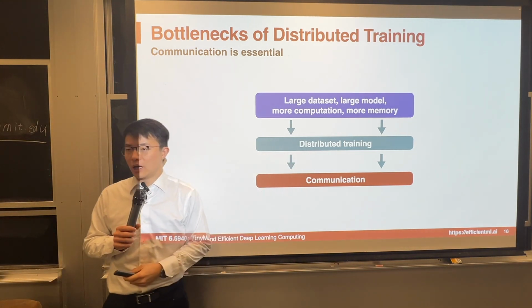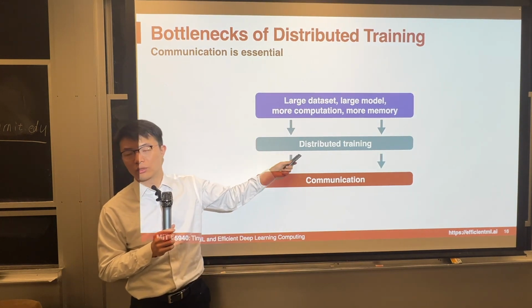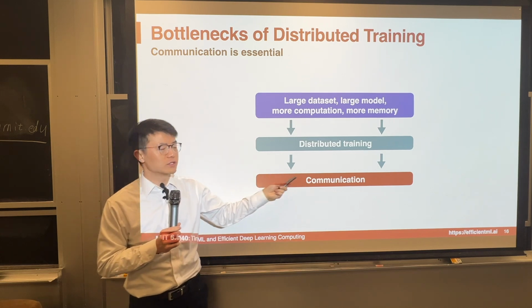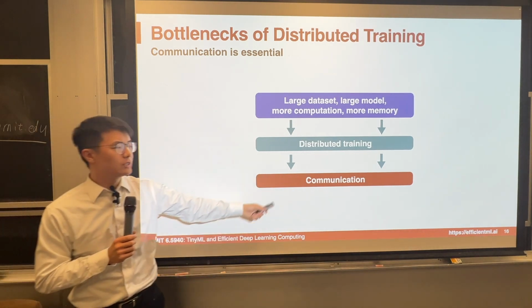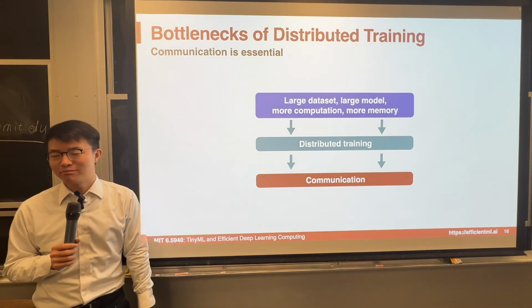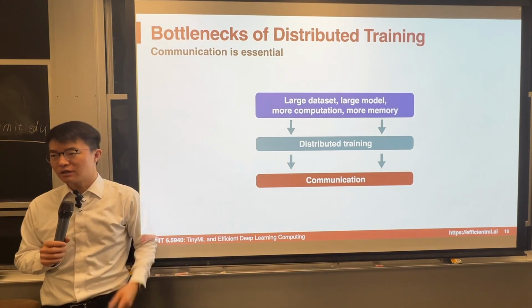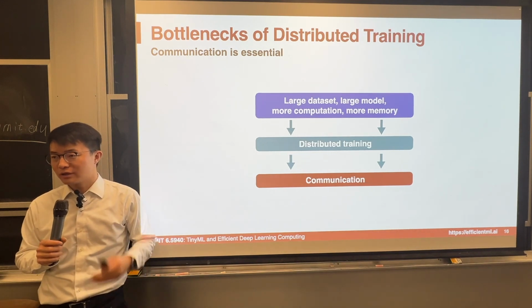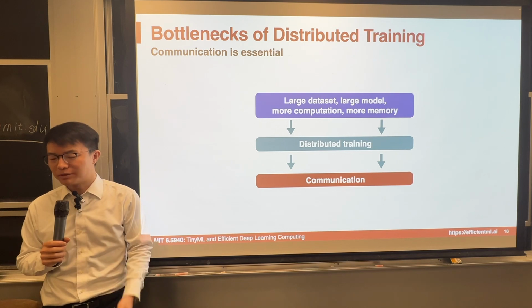So more data, more model, more compute, more nodes leads to more communication. Communication is one of the key bottlenecks in scaling. Deep learning, why is it successful? Thanks to scaling. We want to scale up the training, scale up the model.